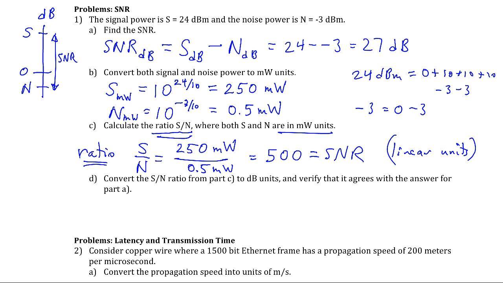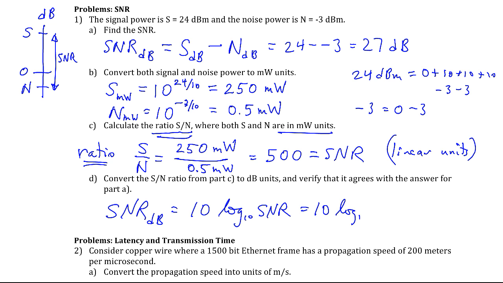Finally, what we're going to do is take this ratio and convert it into decibel units, and I certainly hope we get 27, and it turns out we will. SNR in decibel units is 10 log base 10 of the SNR as a ratio. So this is 10 log base 10 of 500. And it turns out, again, we can do this using the rules of tens and the rules of threes.